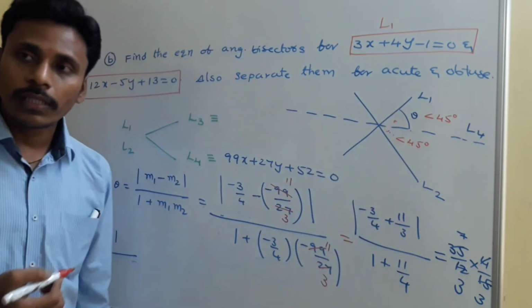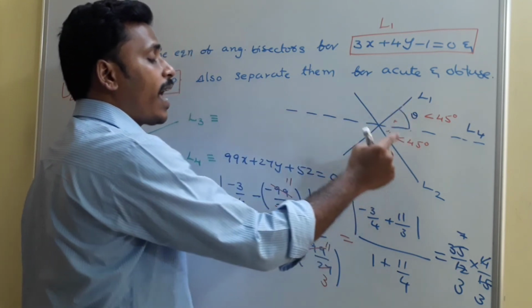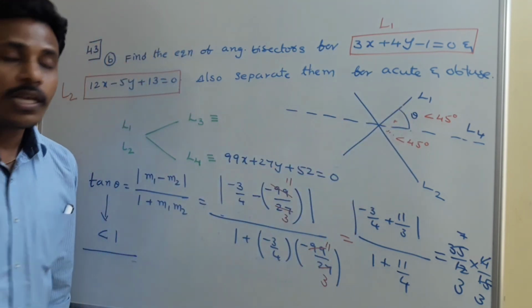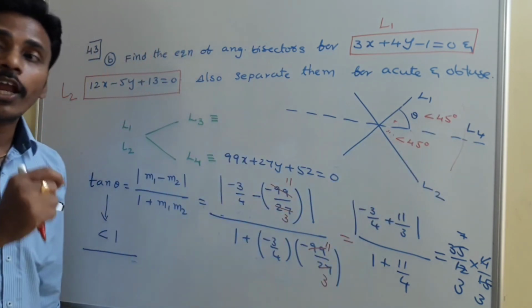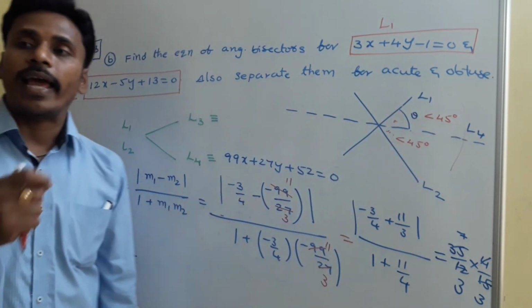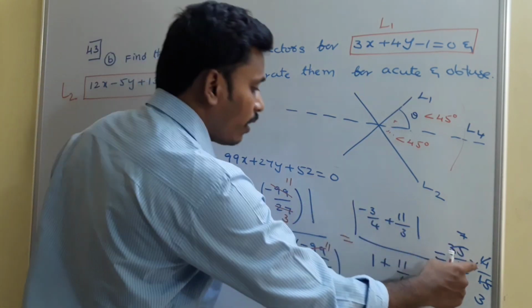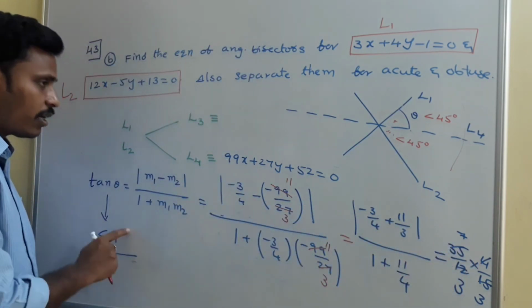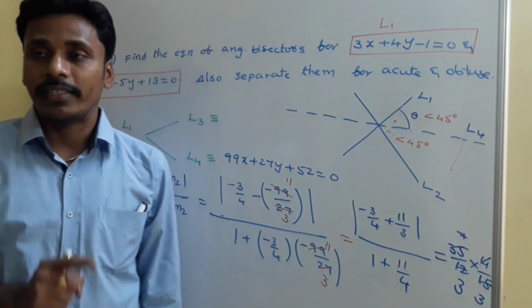So this total angle is less than 90 degrees, and you can announce that L4 is the equation of the acute angle bisector. Or suppose you find a number greater than 1 here, then you announce that L4 is for the obtuse angle bisector.